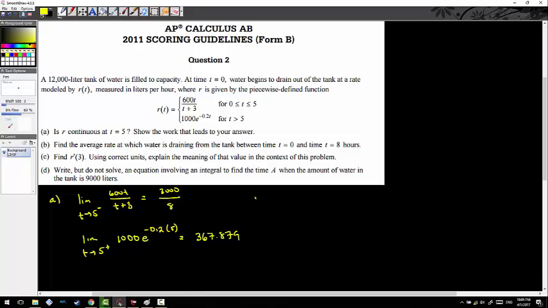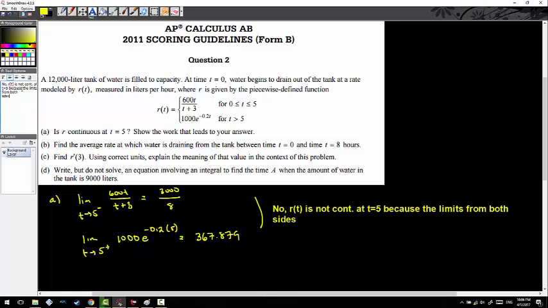So we can say that no, R of t is not continuous at t equals 5 because the limits from both sides do not agree. So far, so good. Okay, so let's move on to part B.